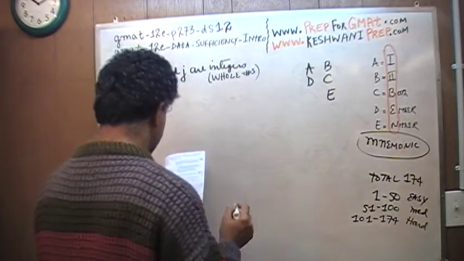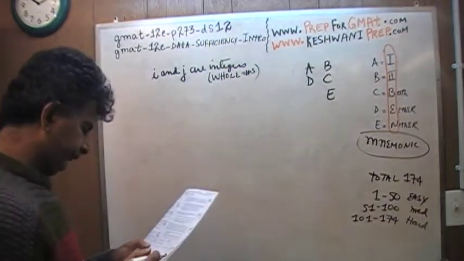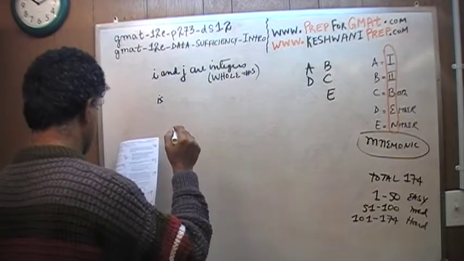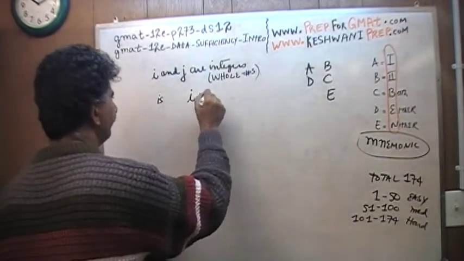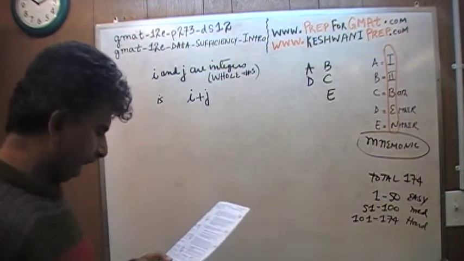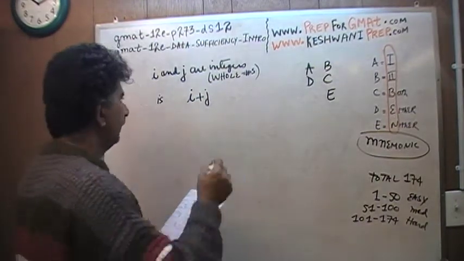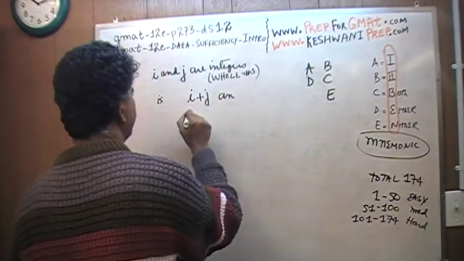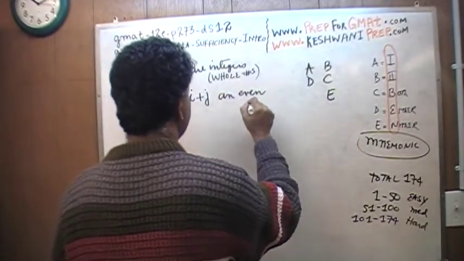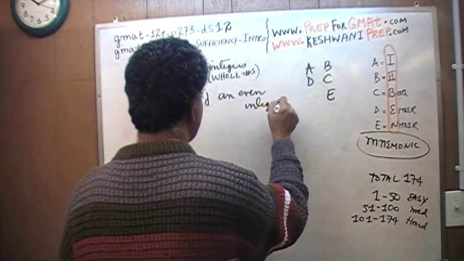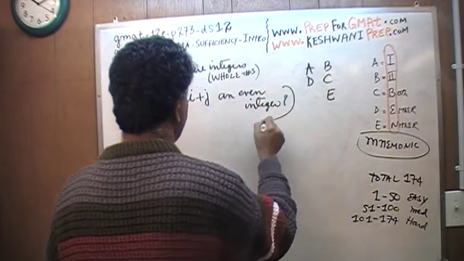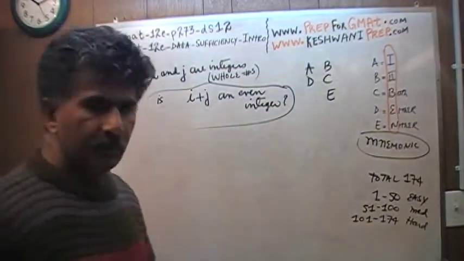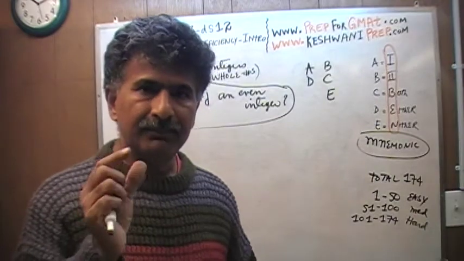The question is: is their sum an even integer? That's what we have to answer. When we add them up, is the sum an even integer?